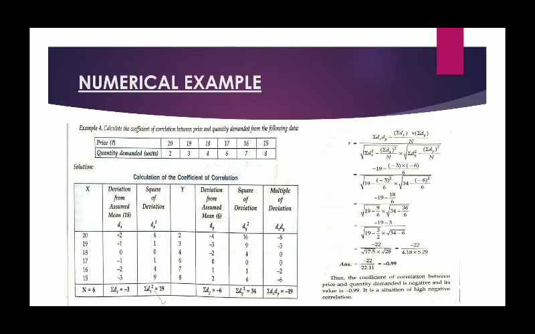See the answer written over here. Coefficient of correlation between price and quantity demanded is negative and its value is minus 0.99. It is the situation of high negative correlation. Why high? Because it is near to 1, and negative, as you can see from the data. So it is minus 0.99, a situation of high negative correlation.